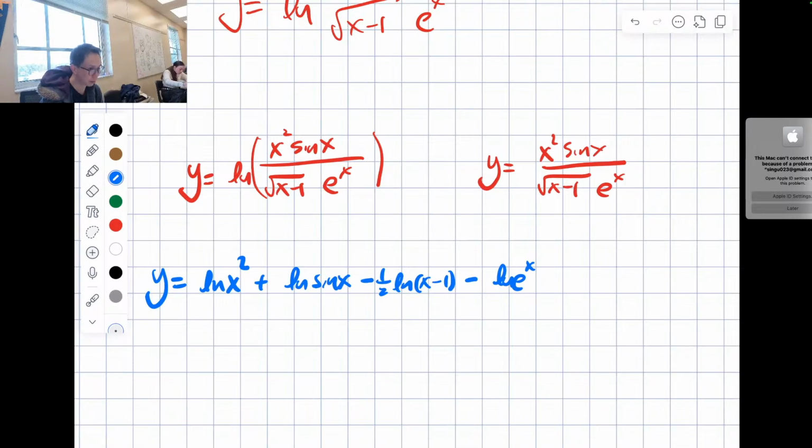Wait, why did you do subtraction? Yeah, so this is where people mix up, because it's divided by square root of x minus 1 and divided by e to the x. So the whole thing is dividing, it's always dividing. You could also do this with the two multiplying, so adding, but this is going to be a parenthesis like this. You can do it this way also because it's divided by those two things times together.